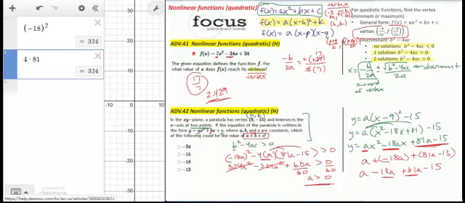So if I combine all of these, a minus 18a is negative 17a, plus 81a gives me a net of positive 64a minus 15.